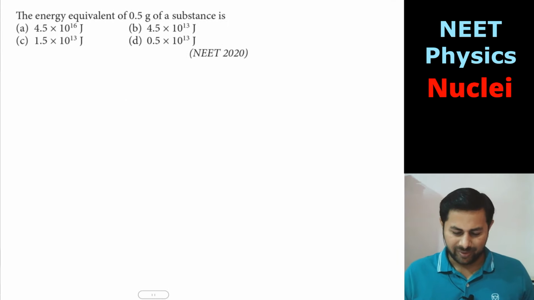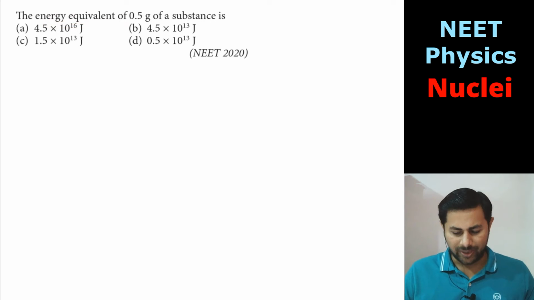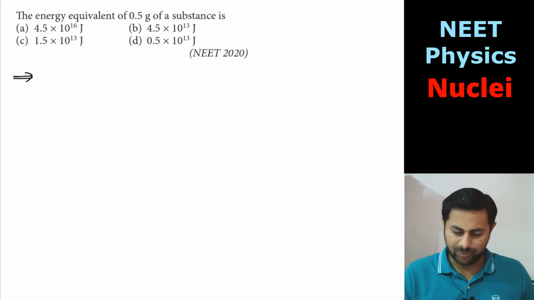Okay, good. Let's see the next one. The energy equivalent of 0.5 gram of substance is. So tell me, what should you do here? This is also from NEET 2020. What will you do here?